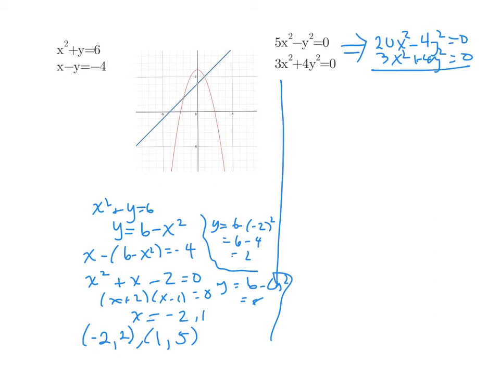Add the two together, and we get 23x squared equals 0. So we get x equals 0. And if we plug in x equals 0, we also get y equals 0. So the solution is at the origin.